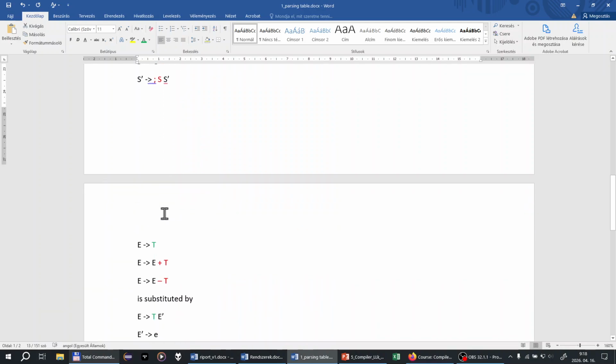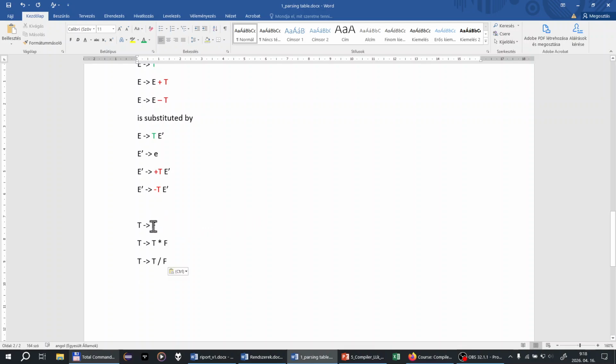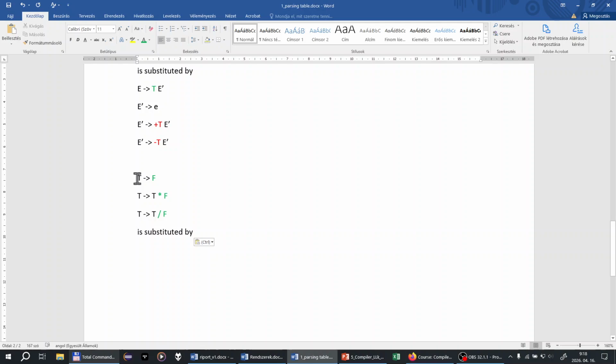We have T to F. This is not repeated, and what is repeated is multiplied by F or divided by F. And this is substituted by the grammar rules T to F T prime, and then we have T prime to the empty string, and T prime to multiplication F T prime, and division F T prime.